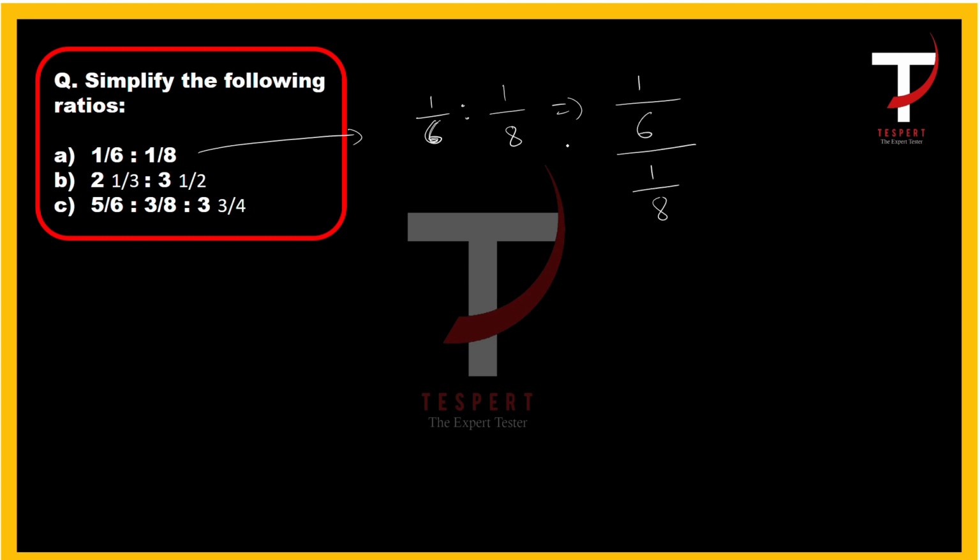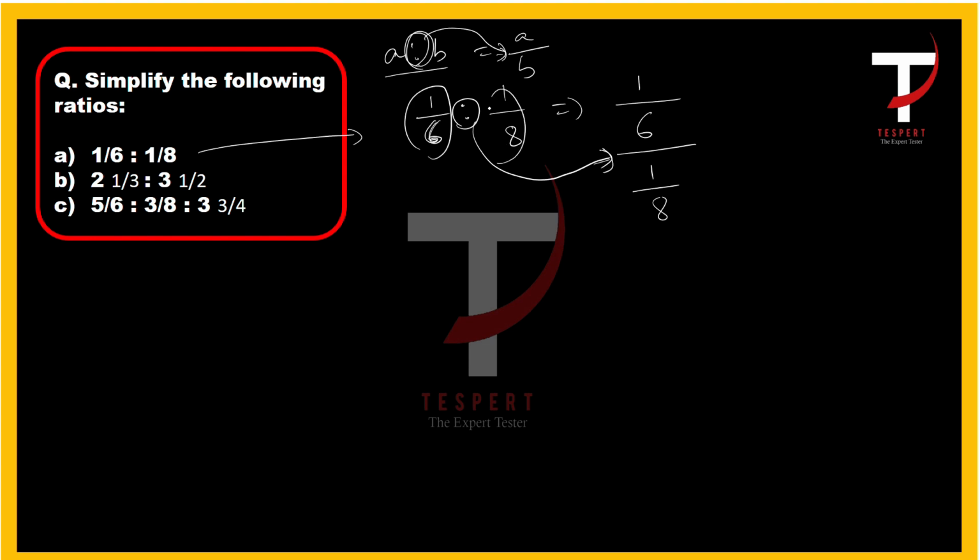If we write any ratio like A is to B, then the meaning of this is A by B, right? So instead of writing "is to", we write divided by. In the same way, we can divide these two ratios.